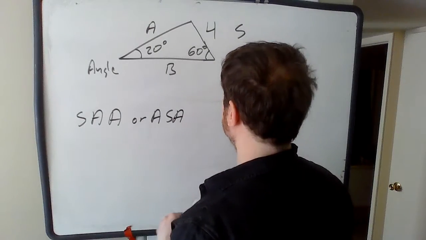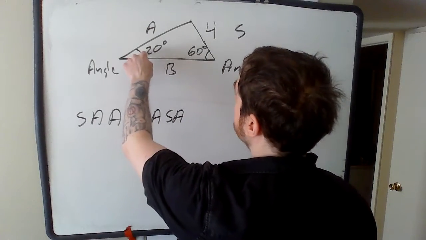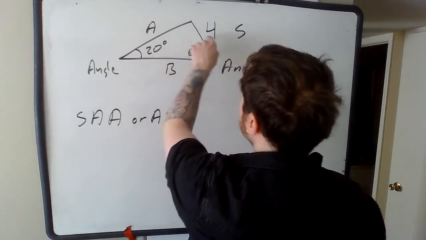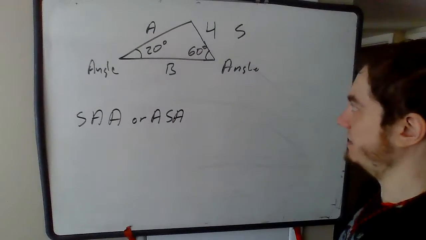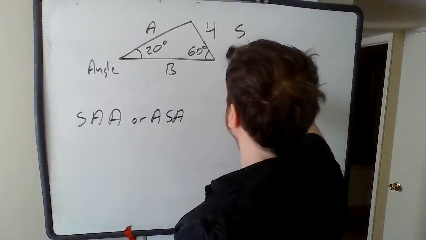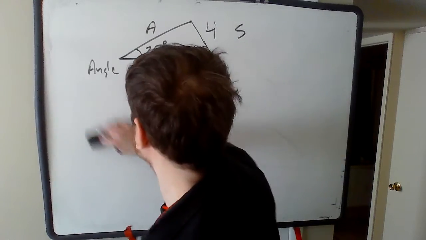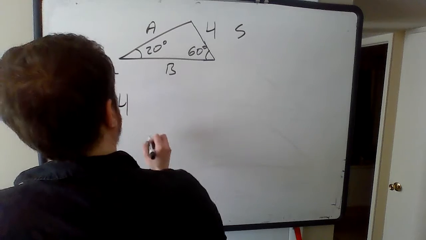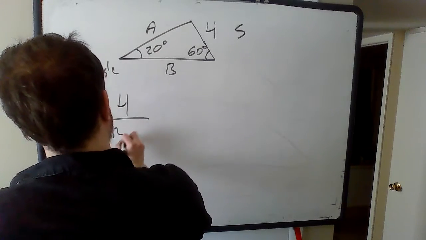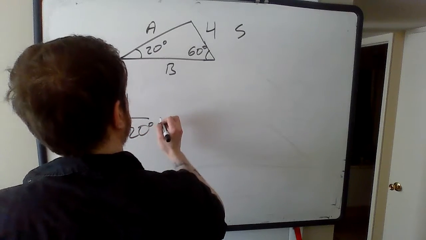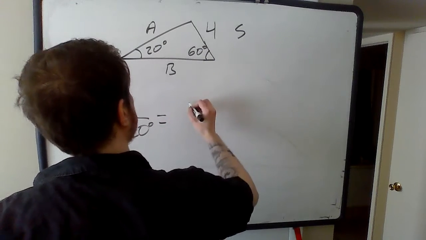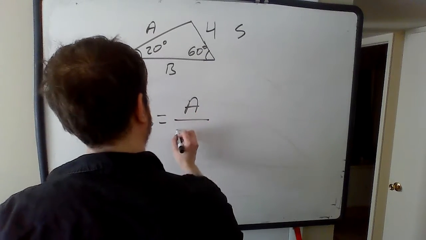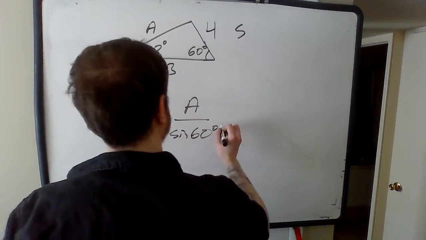The key point here is that I know this measurement of this angle and the side opposite to this angle. So I know that 4 over the sine of 20 degrees is going to equal A over the sine of 60 degrees.